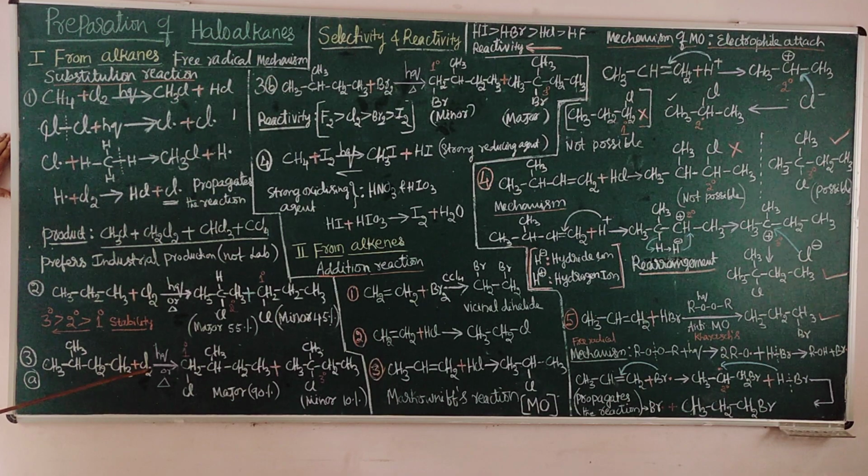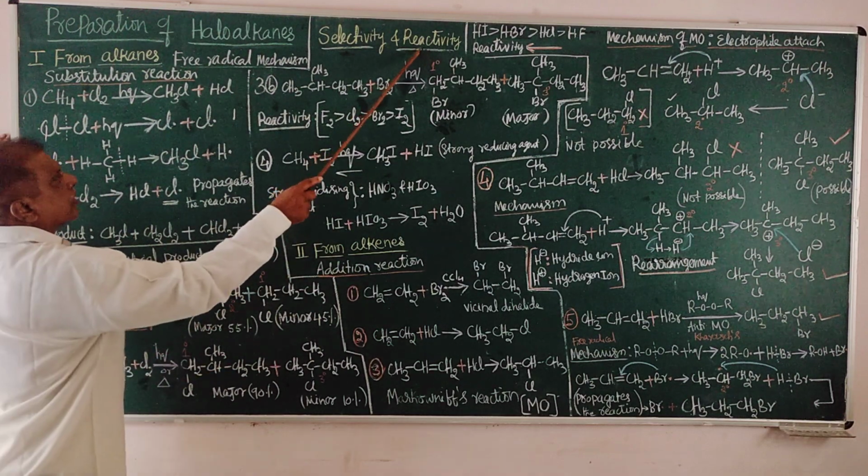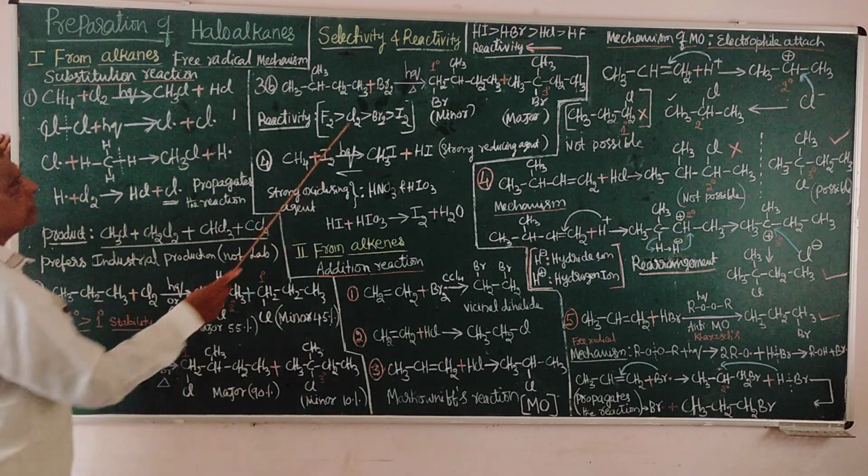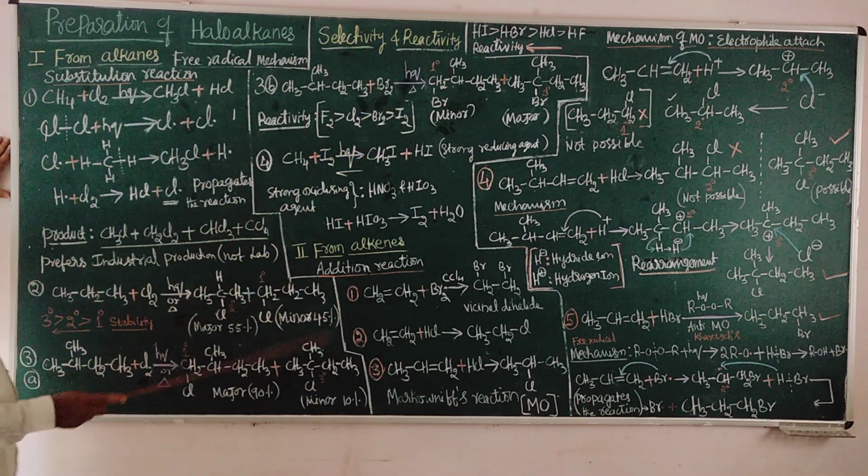Because chlorine is more reactive, while looking for hydrogen to attack, these hydrogen atoms are nearby, no crowd, 6 hydrogen atoms here come in the path. Therefore, chlorine is reactive, it can attack this hydrogen instead of this hydrogen. That is why this reaction is preferred. That is reactivity is preferred over the selectivity. Reactivity predominates over the selectivity. That is selectivity, that is due to reactivity. This happens.